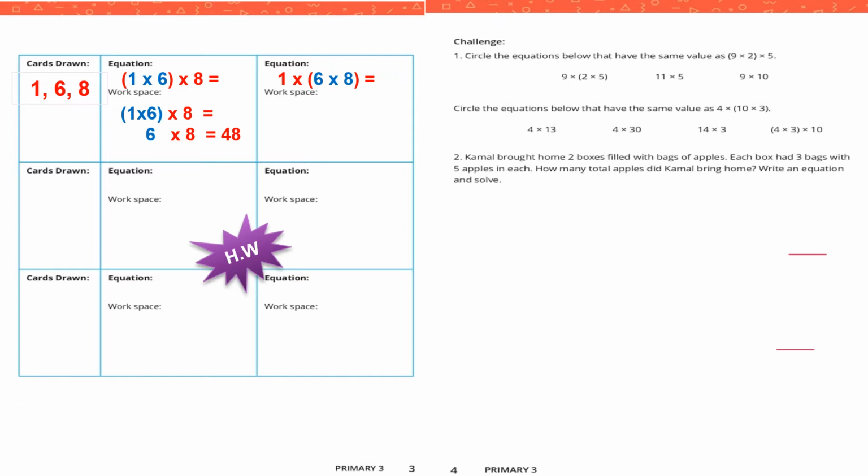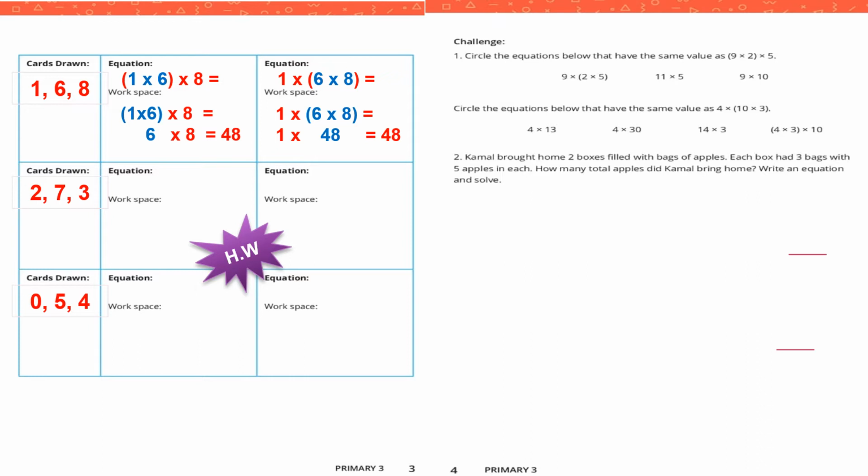We studied it in table 6. In the second way, 6 times 8, 48. 48 times 1, 48 also. Okay, they have the same product here.